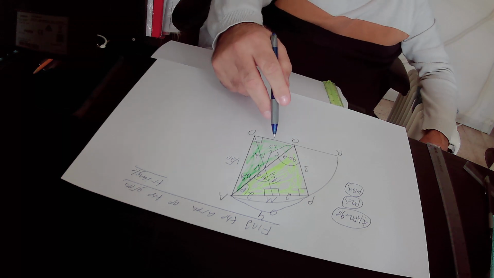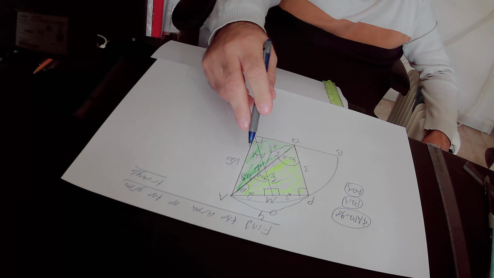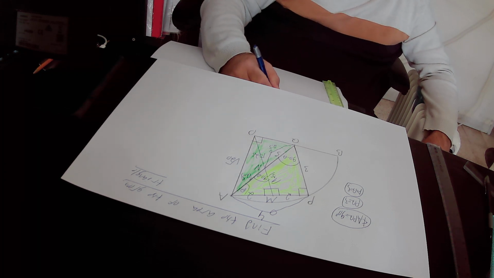The hypotenuse AQ equals 5 units according to what is given in the question. We just found out that AO equals the square root of 20 units.